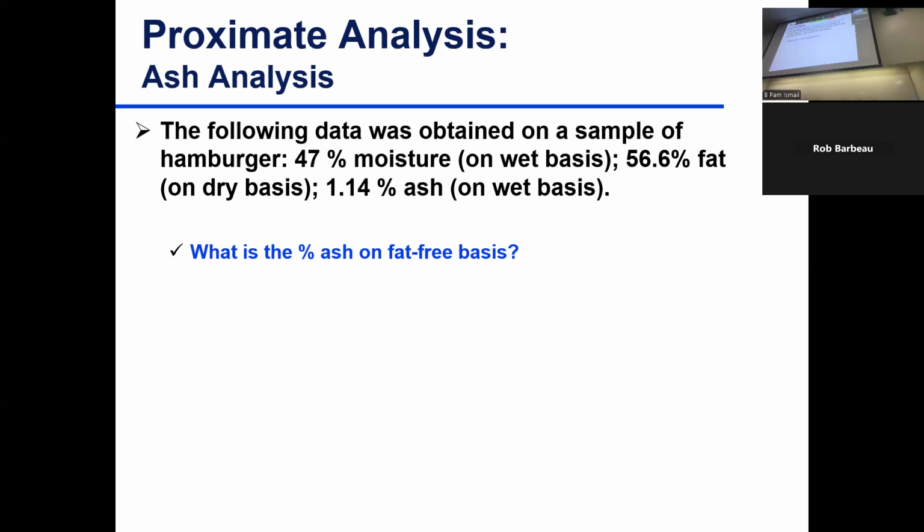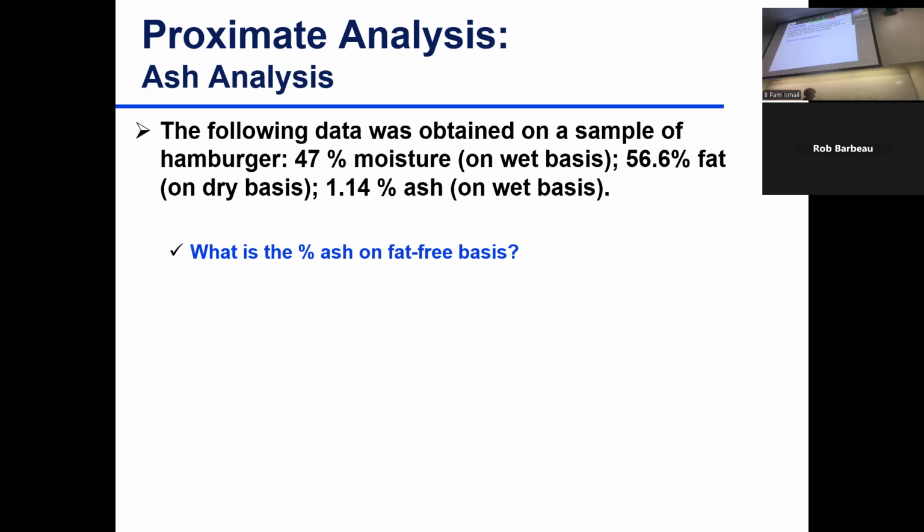If I want to determine my ash on fat-free basis, I want to remove the 30% fat from the 100% of my sample. I have 70% of my material that doesn't have fat, so 70 grams in 100 grams don't have fat, after I remove the 30 grams of fat.